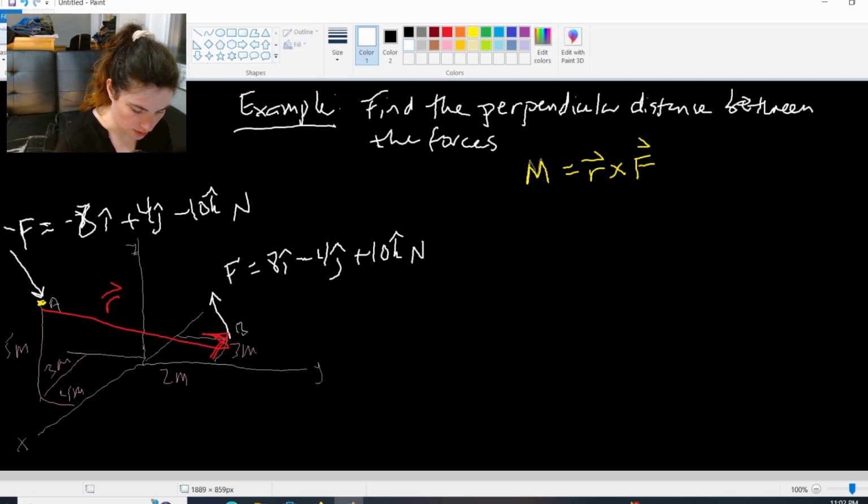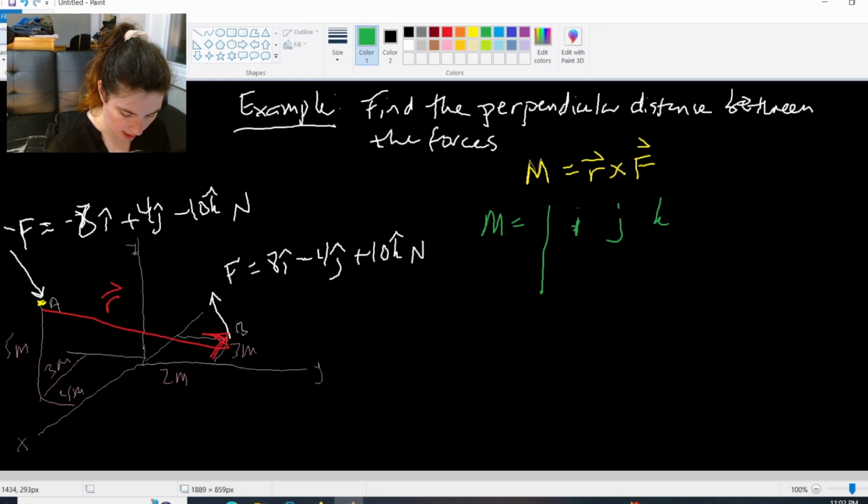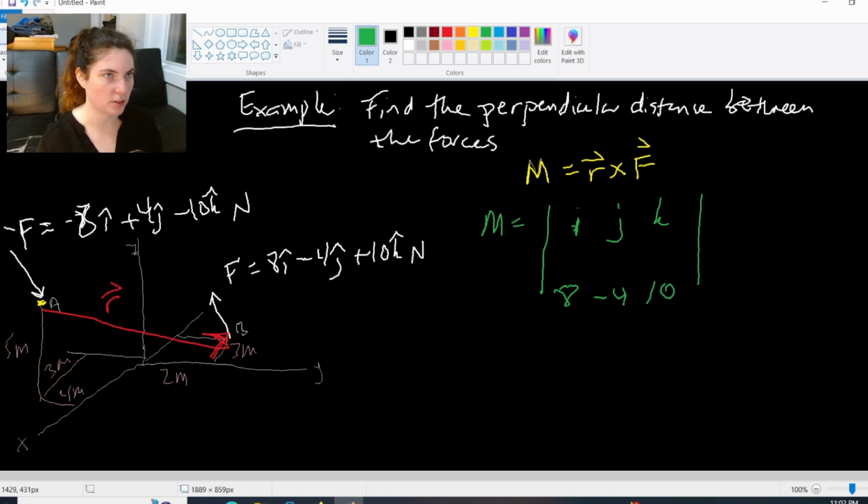So this is going to be the moment: our R vector, sorry, that's an i, j, k R vector, and then the F vector. That F vector on the bottom is 8, negative 4, 10. But we'll need an R vector, which we can get pretty simply, because we're given these distances listed already on the grid for us.